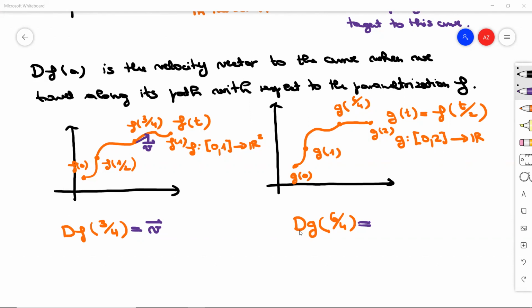So dg is 1/2 of df, because we are traveling along the same curve, but the speed is twice as small. The velocity refers to actual direction and speed. So the direction is the same, only the speed is half of the speed of the initial parameterization. So here we get 1/2 of v.